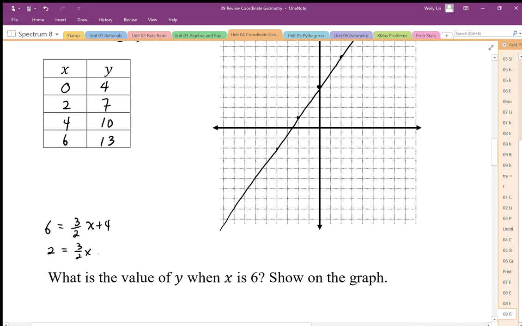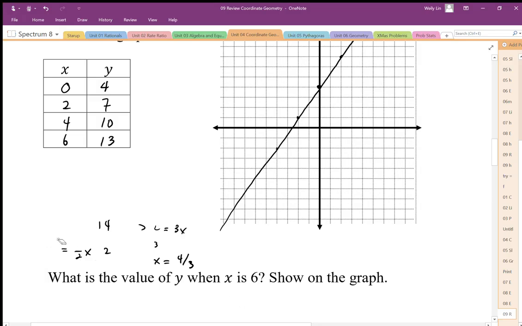I'm going to times by 2. So I end up with 4 equals 3x. Divide by 3. I end up with an x coordinate of 4 over 3. So that's x when y is 6.